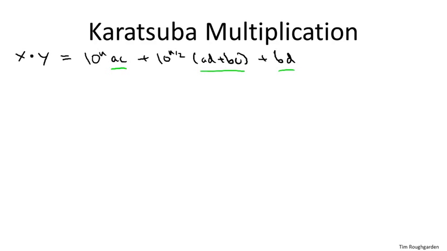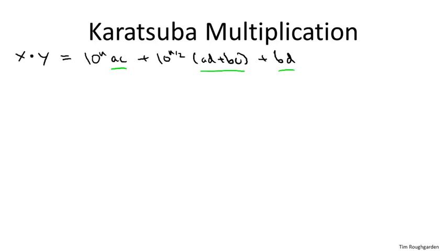So here's the trick, and this is really what Gauss figured out over 200 years ago: it seems there are four products, but fundamentally in this expression, there's really only three quantities that we care about. There's the AC, the coefficient of this first term, there's AD plus BC, the coefficient of this middle term, and there's BD. So we care about AD and BC as quantities individually only insofar as we care about their sum. We really don't care about them individually.